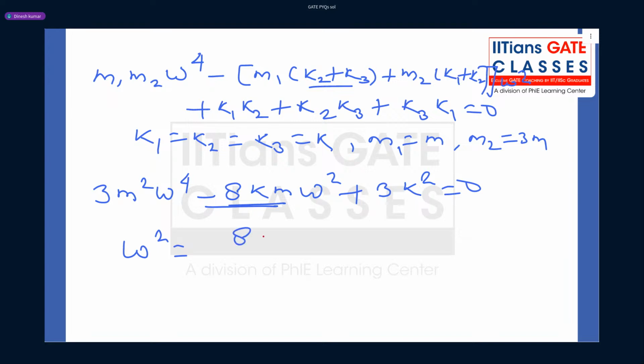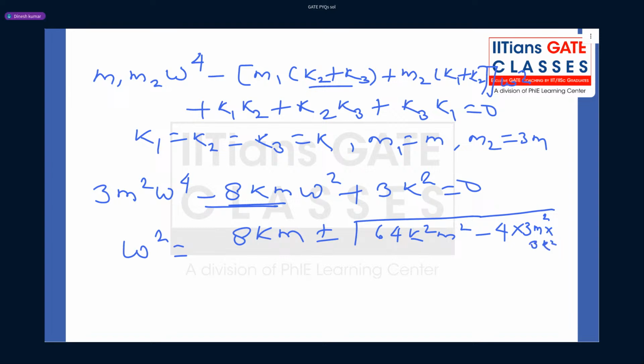So it is 8km plus minus under root b square, so it is 64 k square m square minus 4ac. What is a? a is 3m square. What is c? It is 3k square, upon 2a. 2 into a, so it will become 6m square.